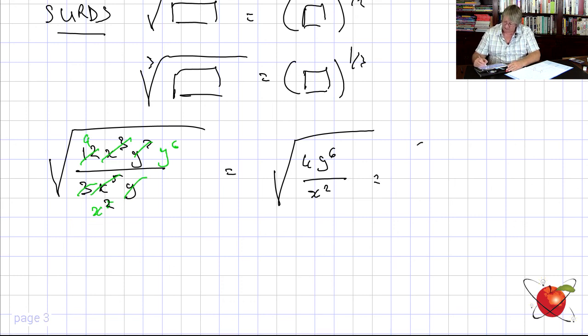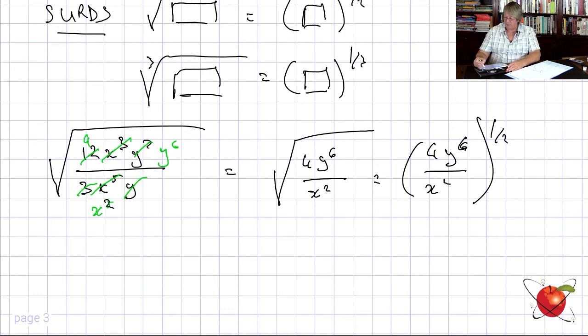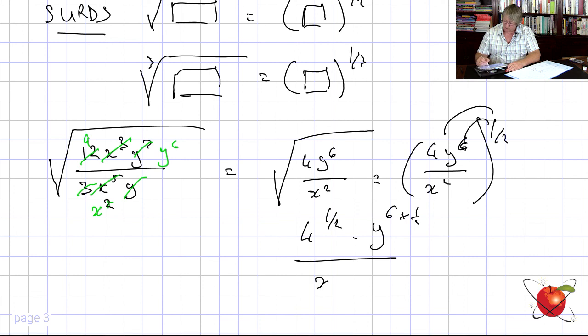We say that is 4y to the 6 x to the 2, all to the power of a half. Then we bring that into each one. That is 4 to the half, y to the 6 times a half, x to the 2 times a half. Remember, it must multiply into everybody, correct?